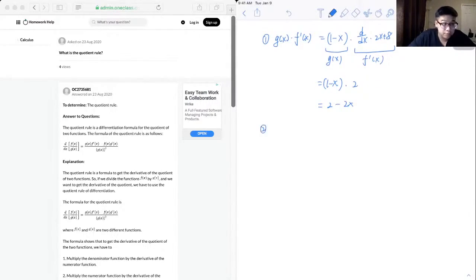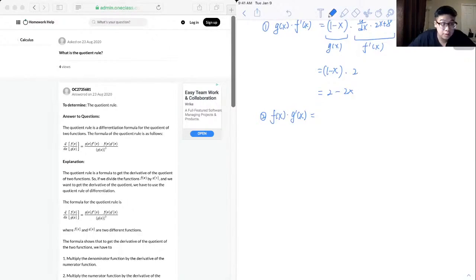And for step 2, we need to multiply the function in the numerator by the derivative of the function in the denominator. So it's going to be f(x) times the derivative of g(x). So we have 2x plus 8 times the derivative of 1 minus x. This part is f(x), and this part is the derivative of g(x).